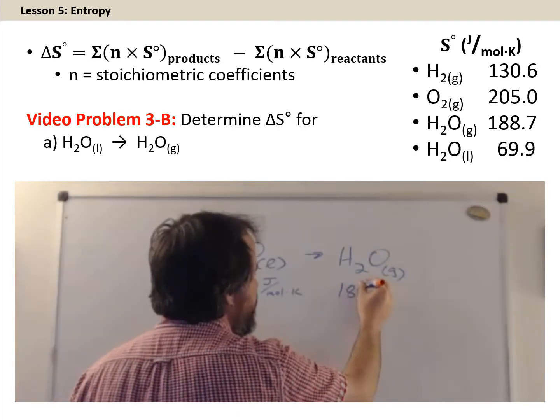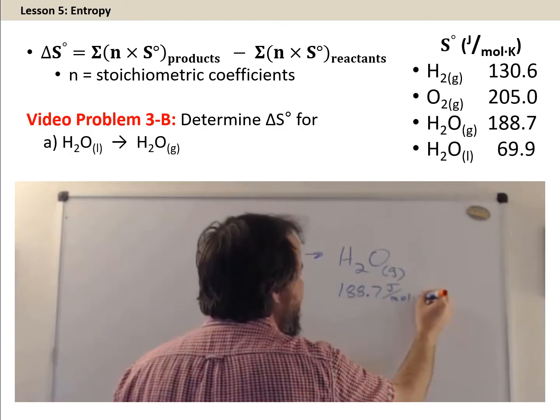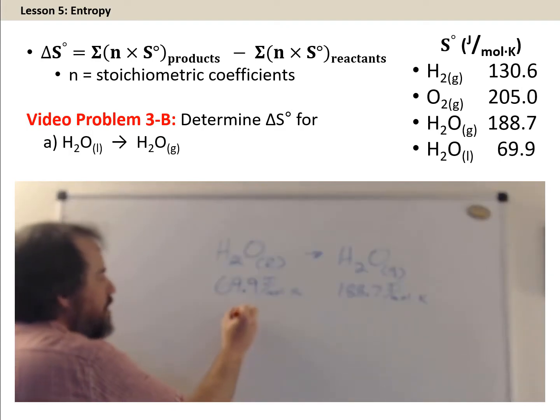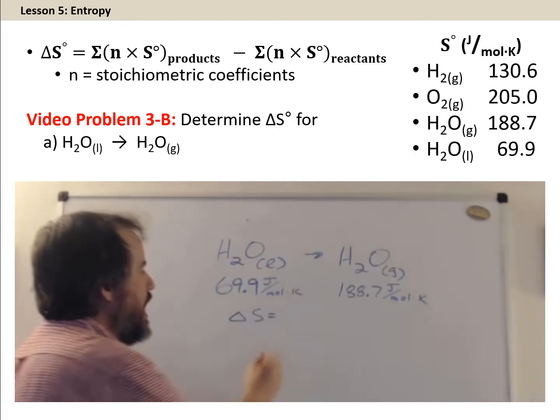And I have 188.7 joules per mole K for the gas. So my delta S is just going to be my products minus my reactants.